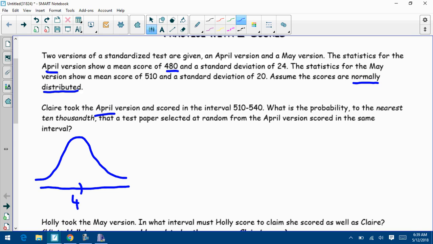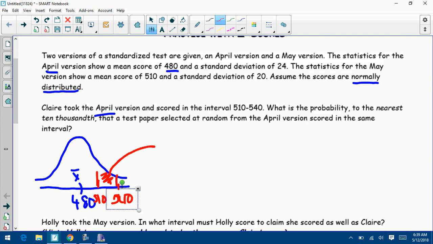So we're going to put 480 right here. And she scored in the interval 510 to 540. So we're basically looking at what's the probability I score between 510, which should be right about here, and 540, which is right about there. And I'm looking for that probability.